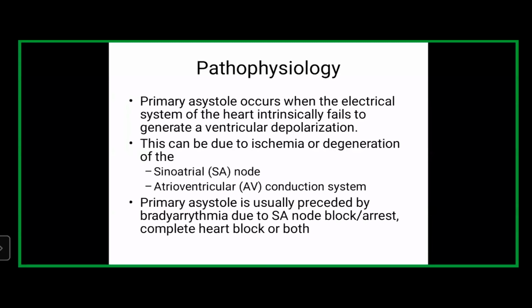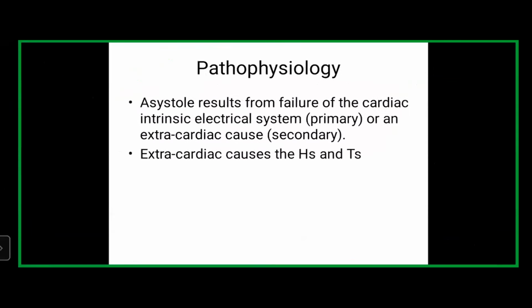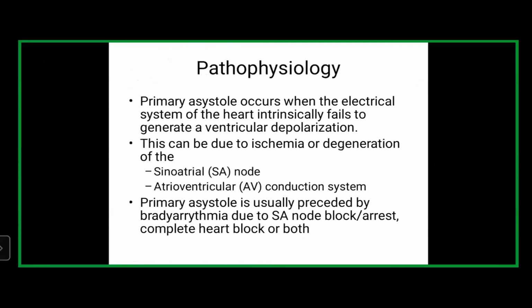Primary asystole occurs when the electrical system of the heart intrinsically fails to generate a ventricular depolarization.